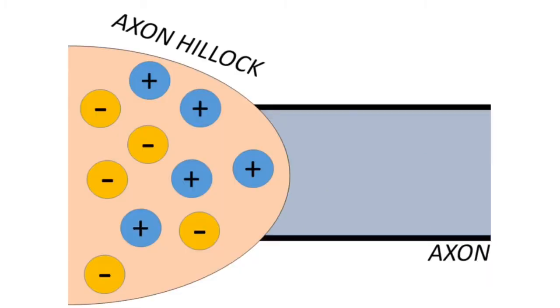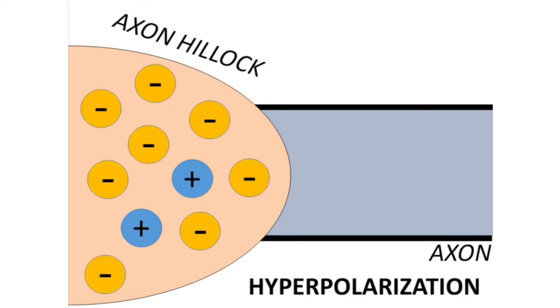The process begins at that spot where the cell body and the axon meet, the axon hillock. At the axon hillock, there's always a large number of ions floating and fluctuating around. So sometimes a lot of negative ions will gather at the axon hillock, thereby making the inside of the neuron even more negative than it typically is. This is called hyperpolarization.